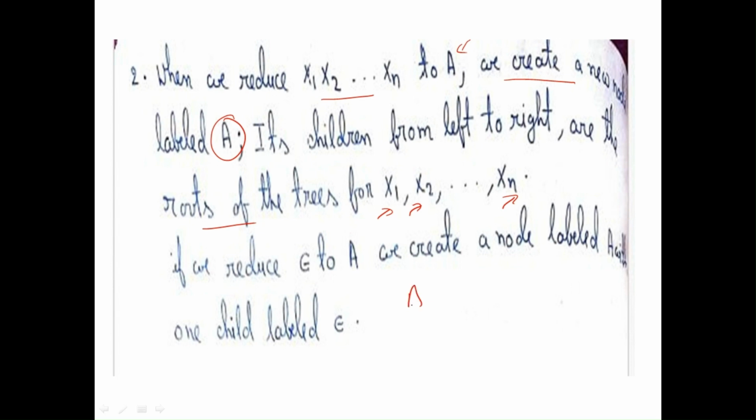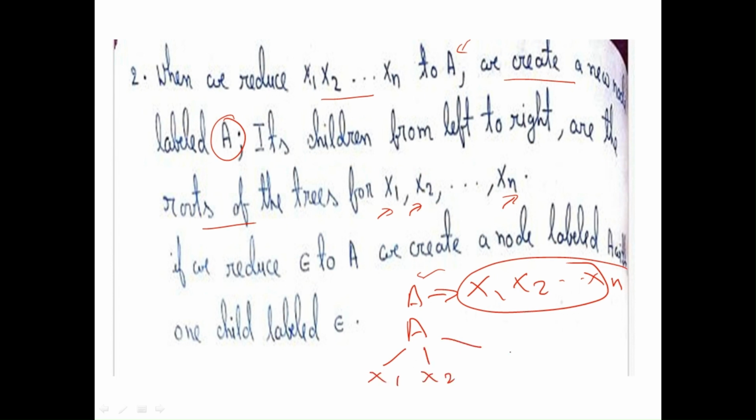So suppose this is happening, X1 X2 till Xn, we are reducing this to A, then this kind of tree structure comes in the picture. If we reduce epsilon to A, we create a node labeled A with one child labeled epsilon, like this.